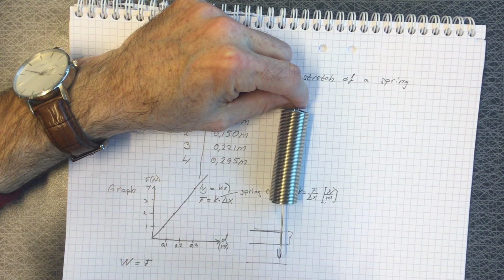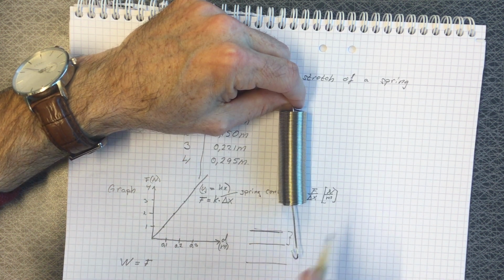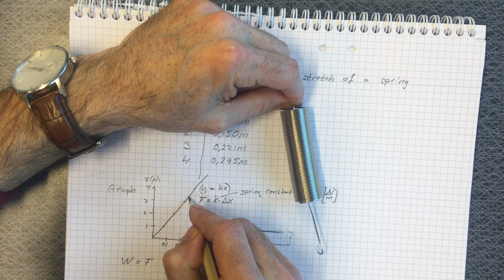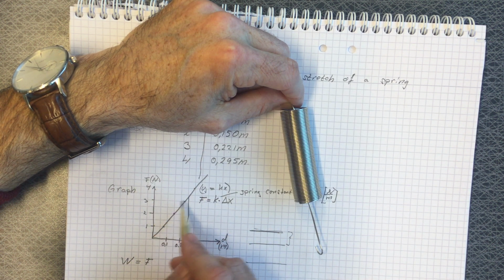But you see, which force will I use? Let's say that I use finally the force like this. So I would like to calculate a force when the end force is a little bit more than 3.